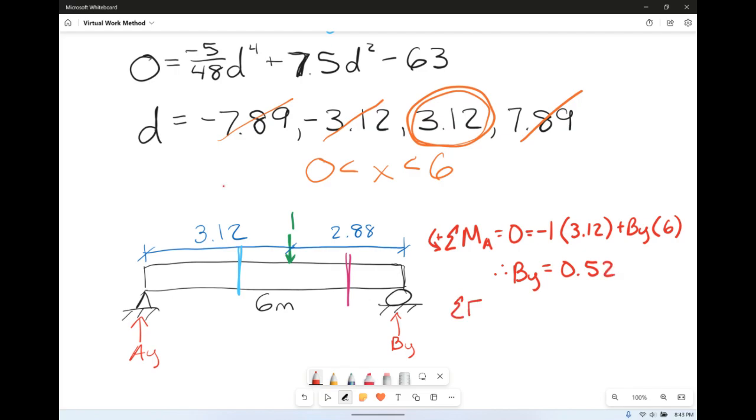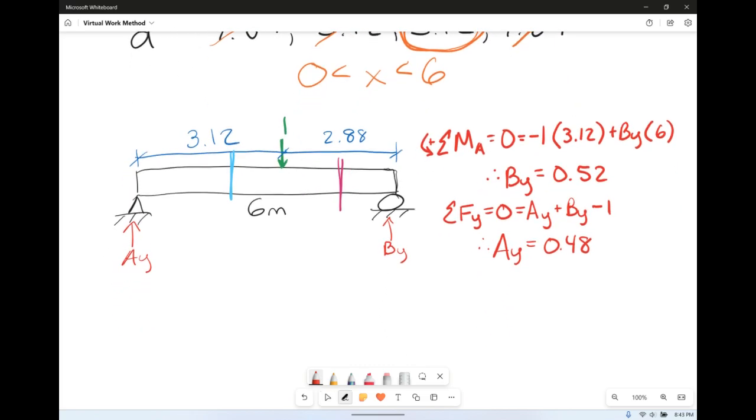And if we sum the forces in the y direction and set it equal to 0, we have AY plus BY minus 1. So AY is equal to 0.48. Cool. So now, knowing that information, let's make our cuts.